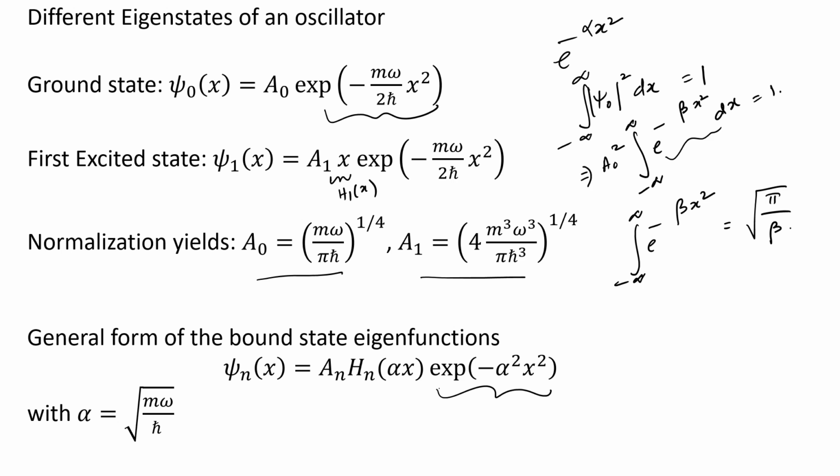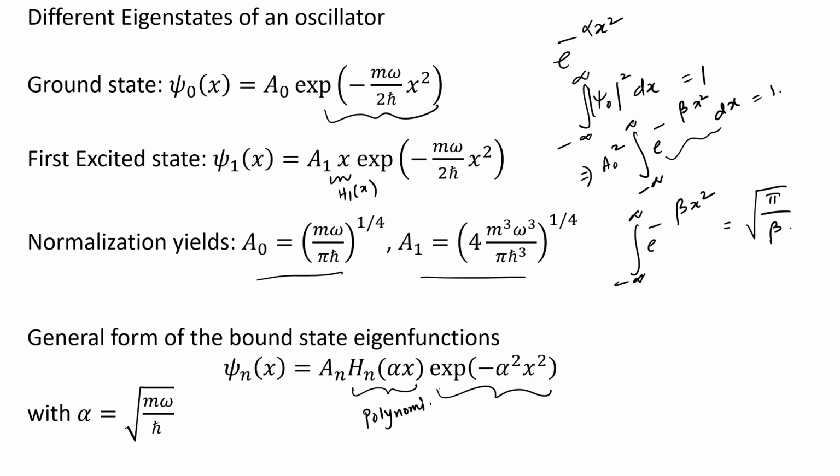Similarly, you can normalize the first excited eigenstate, which is psi 1 of x, by a similar prescription, and you can get this a1. So, in general, this psi n of x has a polynomial which is H_n of alpha x and a Gaussian. So, there is a polynomial which has a name.